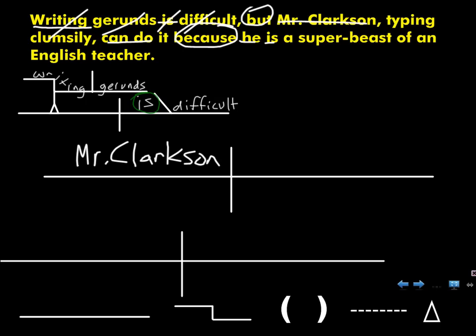Well, like, can do. Would that just stay together? Yes, because it's a verb phrase, remember? Do not remove the helping verbs. That's right. Mr. Clarkson can do. Danny, what do I do with the word it? It is the direct object. Very good.